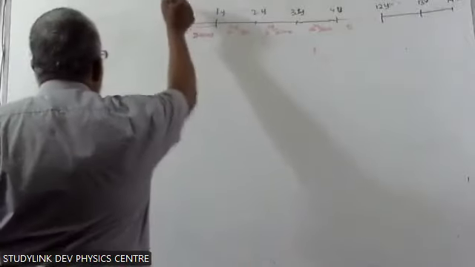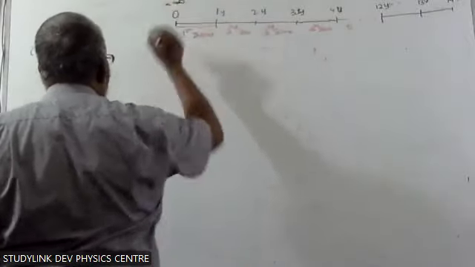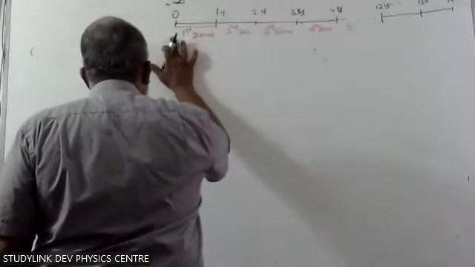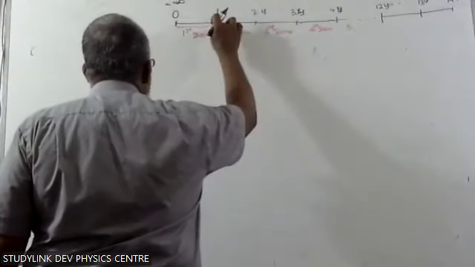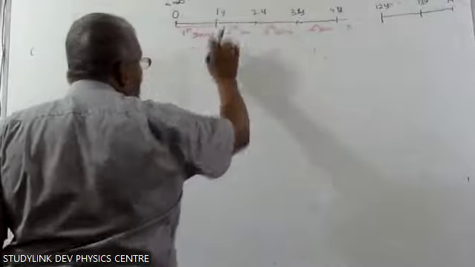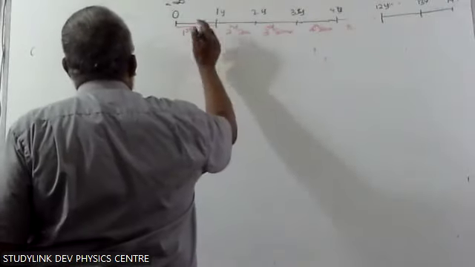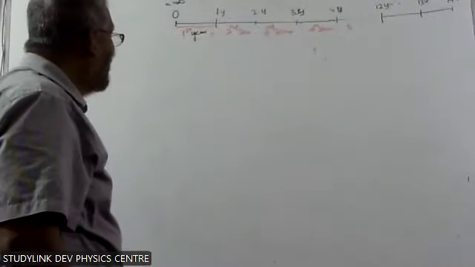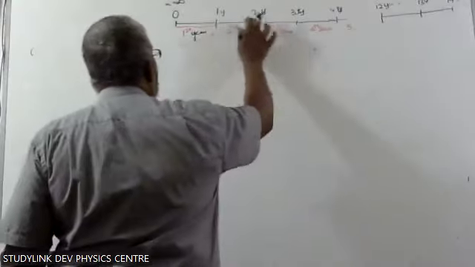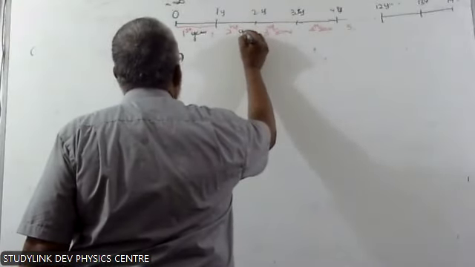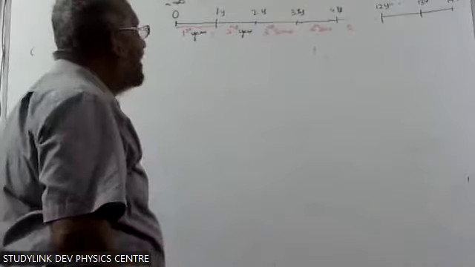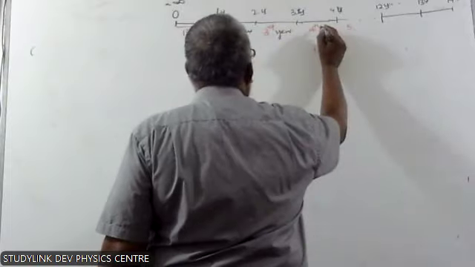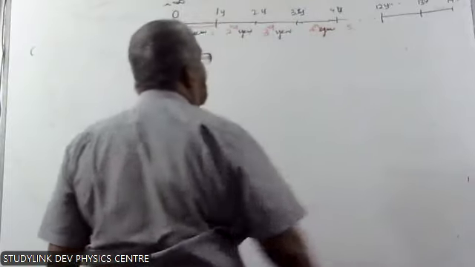This is the time the baby is born. From that particular instant up to the end of 12 months, that means 1 year, that is your first year, not school-wise. Then from 1 to 2 is the second year of the baby. Then 2 to 3, third year. Then the fourth year. Like that it goes.